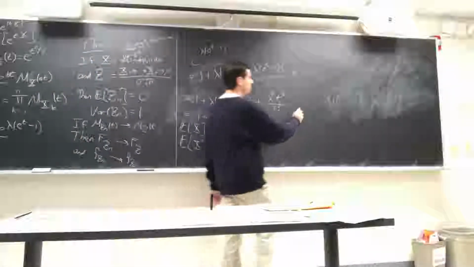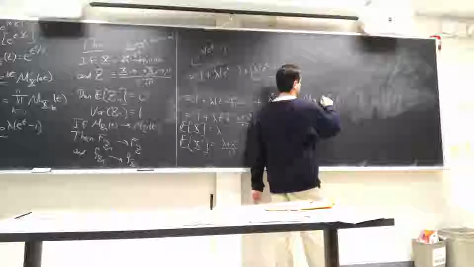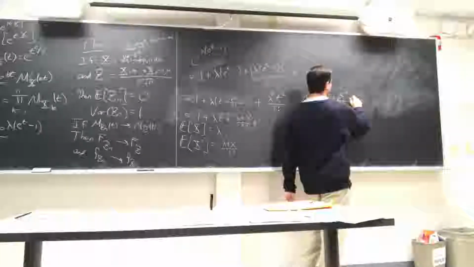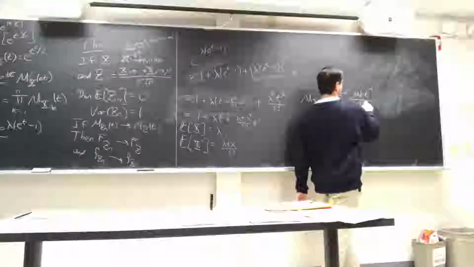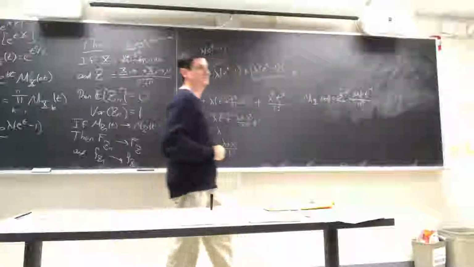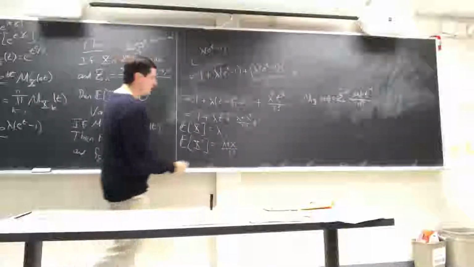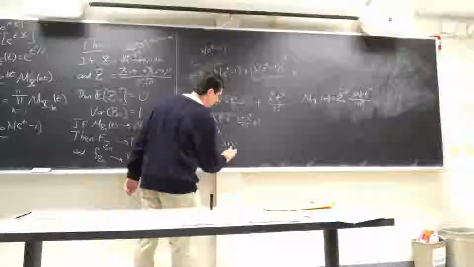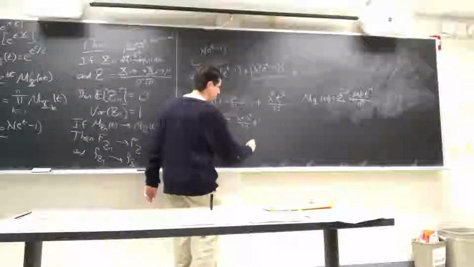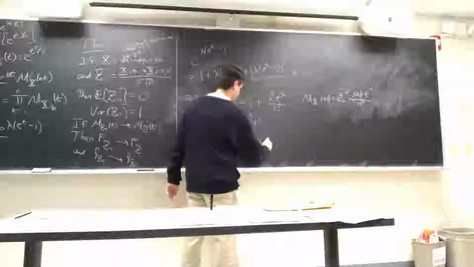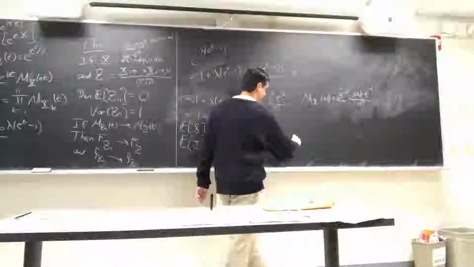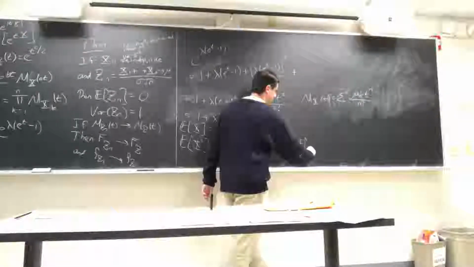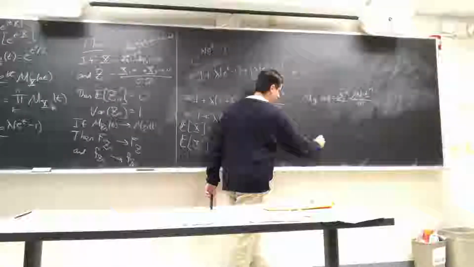Because remember, the way we define the moment generating function, it's going to be the sum of mu n t to the n over n factorial. So I actually have to remember to multiply by the 2 factorial. So then the variance would be the expected value of x squared minus the expected value of x, squared.